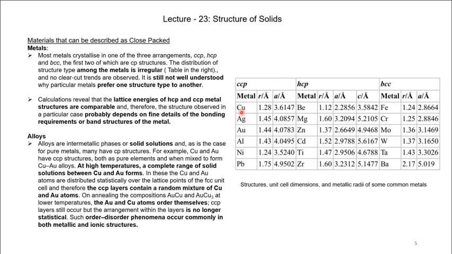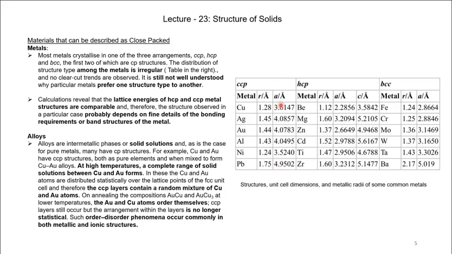So what we get is some of the metals here, and they are cubic close packed, and you will see that the radius is different, and the cell parameter is also different.